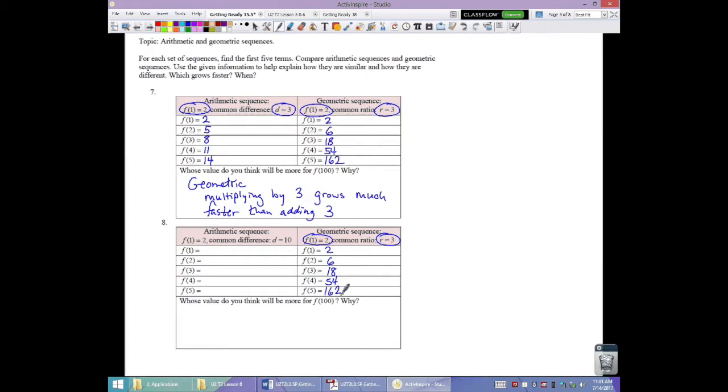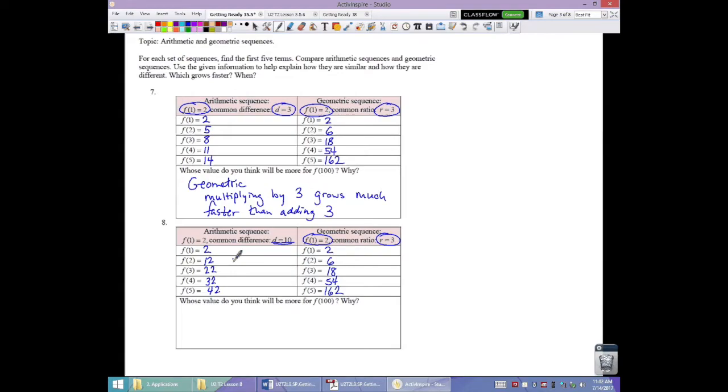So what if we take an arithmetic sequence, and this time our rate of change is actually a much larger number than it was with the geometric. Okay? So we're going to add 10 to our first value. That gives us 12. Add another 10 is 22. Add another 10 is 32. Add another 10, 42.